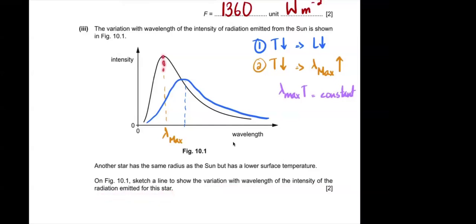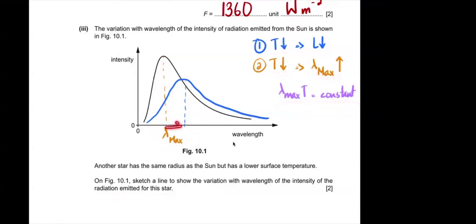So you know that this is what we call lambda max, from Wien's law. If temperature goes down, obviously the peak luminosity would also go down. So the luminosity also goes down, so the intensity also goes down. But also, because of the inverse proportionality between lambda max and temperature, if temperature goes down, this means your lambda max goes up.